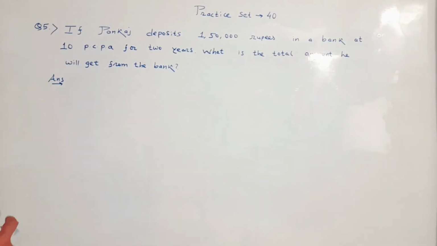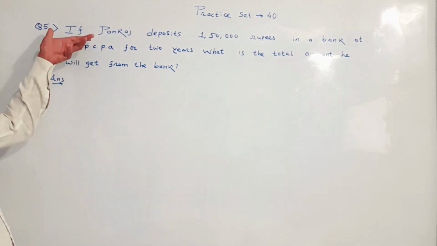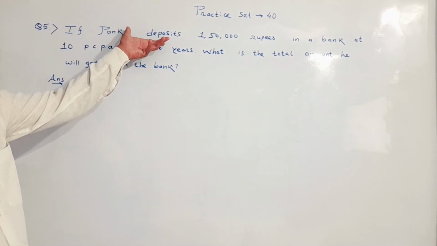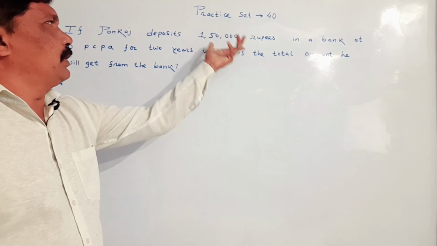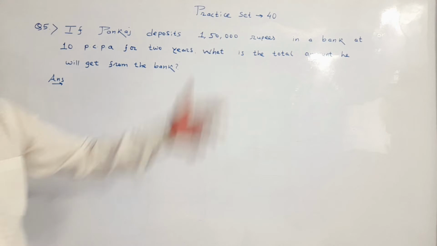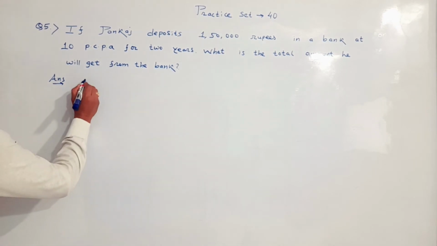Let's have brainstorming over the next problem. If Pankaj deposited rupees 1,50,000 in a bank, therefore principal is given.